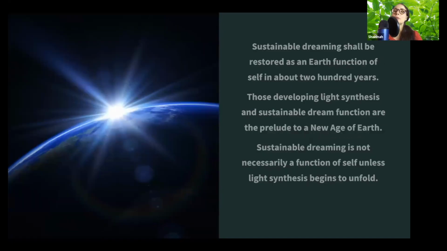Sustainable dreaming shall be restored as an earth function of self in about 200 years. Those developing light synthesis in a sustainable dream function are the prelude to a new age of earth. Sustainable dreaming is not necessarily a function of self unless light synthesis begins to unfold.